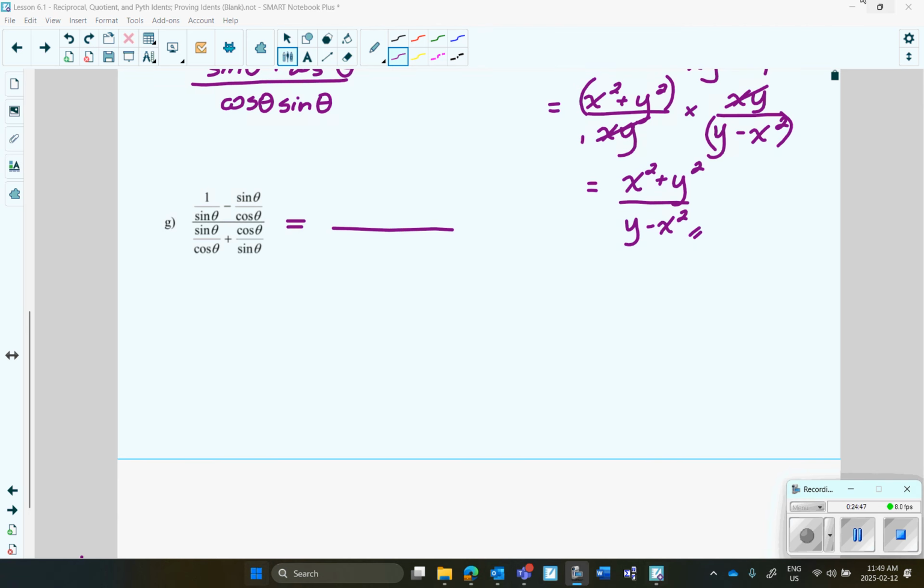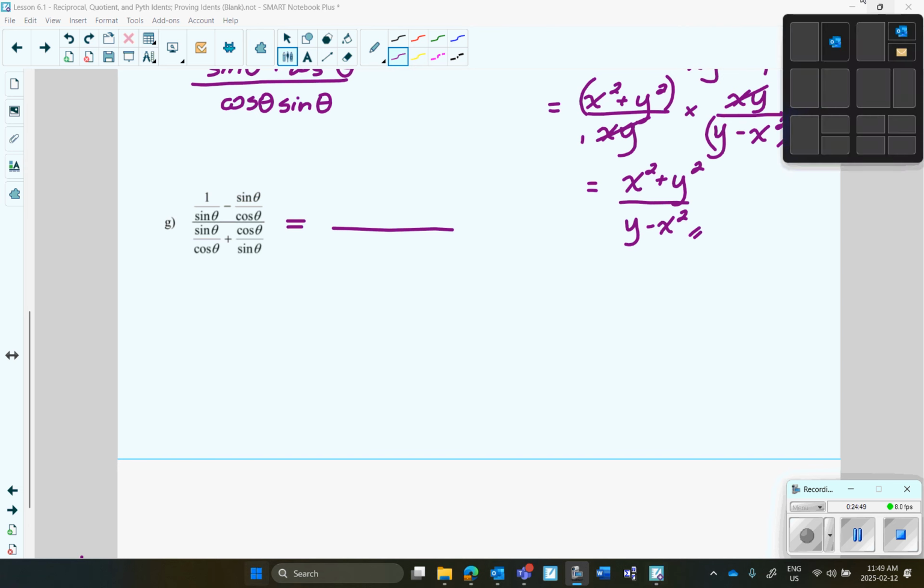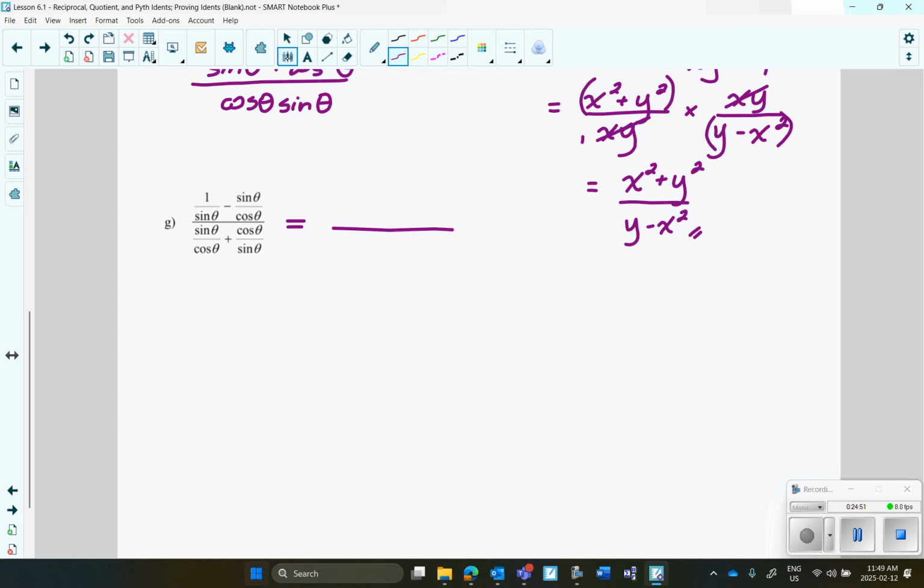Okay, so what's the lowest common denominator up top? Cos theta sine theta, or sine theta cos theta, both are correct. So I've got to multiply these. First one by cos theta over cos theta.